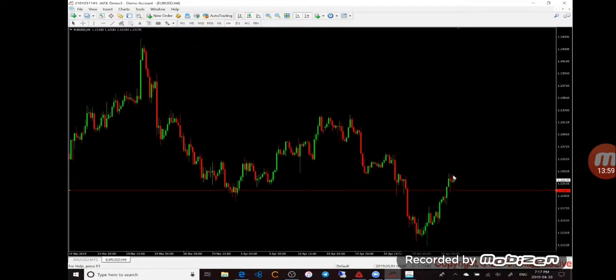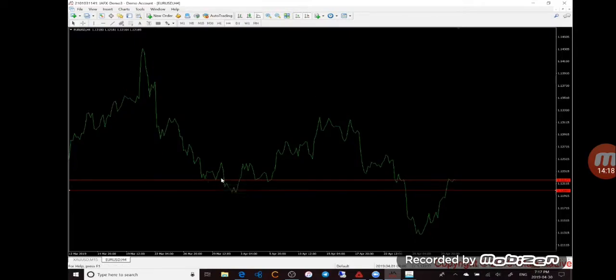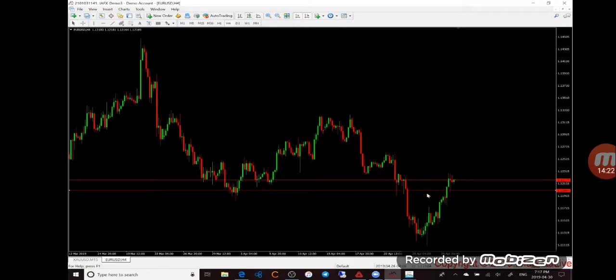See, the 4 hour starting to tell a bit of a different story. Okay, but we are going bullish again. Looks like we had a little bit of a pullback. Okay, looks like there's a little bit of a 4 hour zone here. Okay, we can see we had some support here. The market's kind of struggling here.